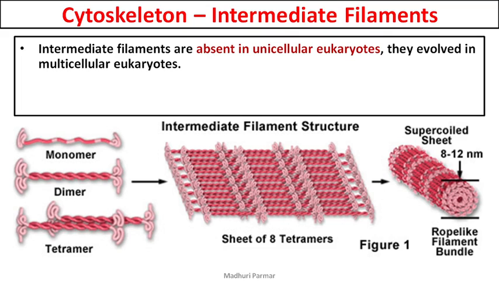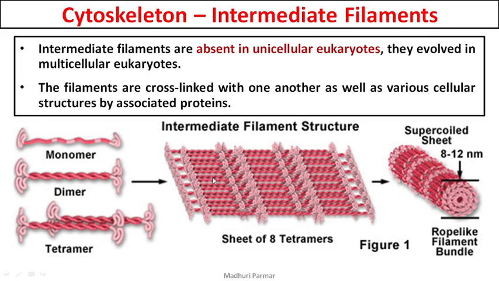In a unicellular organism there is only a single cell, so where will it form a connection? So there is no need for intermediate filaments. While in a multicellular organism you have multiple cells, and these multiple cells should be connected, and they are connected by desmosomes, and these desmosomes are supported by intermediate filaments. The filaments are cross-linked with one another and also with other cellular structures.